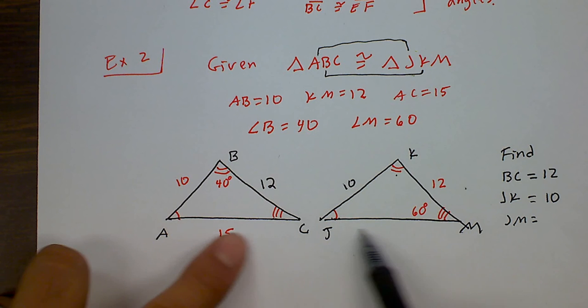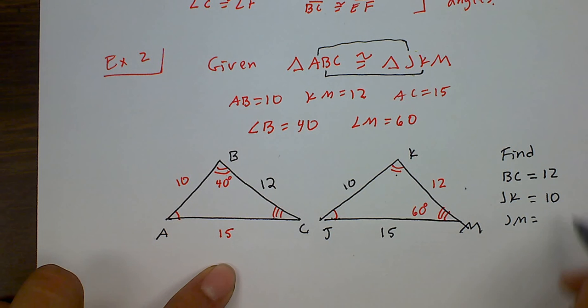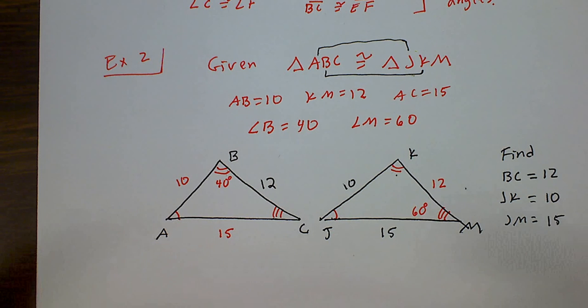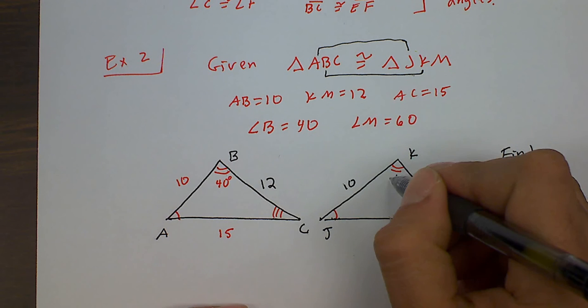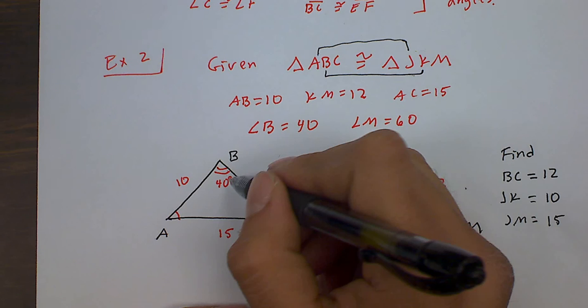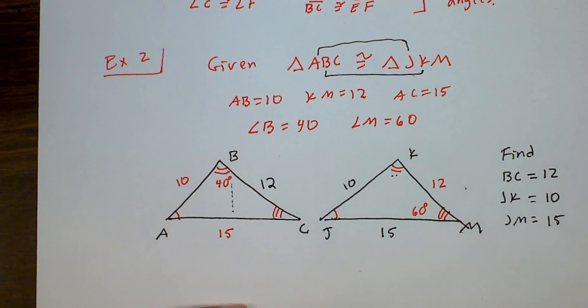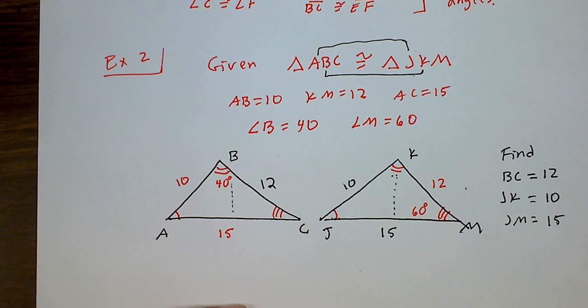This one segment is in between those two angles, therefore this one is 15. So JM is 15. Another way you can see this is, angle B is congruent to angle K, so that one must also be 40. Then across from angle B, we have that one, so across from angle K, we have that one. That's another way of doing it.